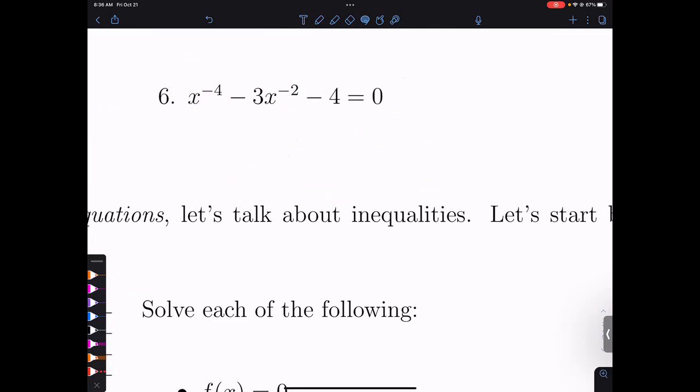6 doesn't look like it's the same kind of thing. We've got x to the -4 minus 3x to the -2 minus 4 equals 0. What do negative powers do or represent?